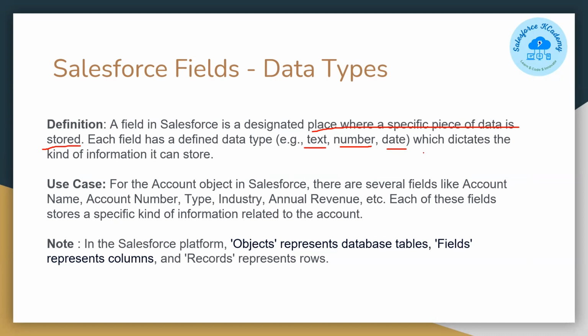For the email field, if you don't specify your email address in the correct format, then it shows an error. It means that field will accept only a correctly formatted email address. Every field in Salesforce has its own data type. What kind of data needs to be stored is determined by the selection we make while creating that field.